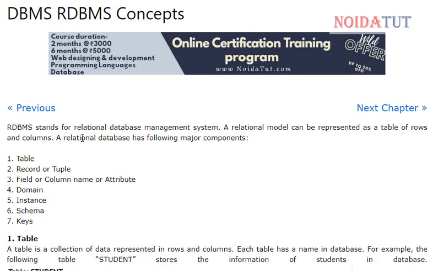A relational database system has the following main components: a table, a record or a tuple, field or column name or attribute, domain, instance, schema, and keys.